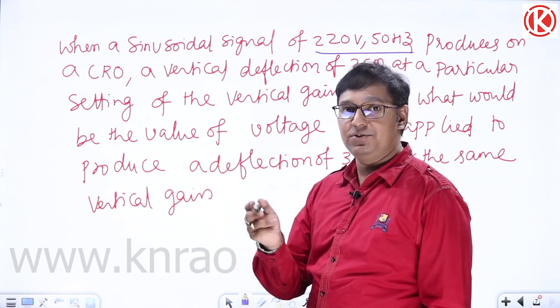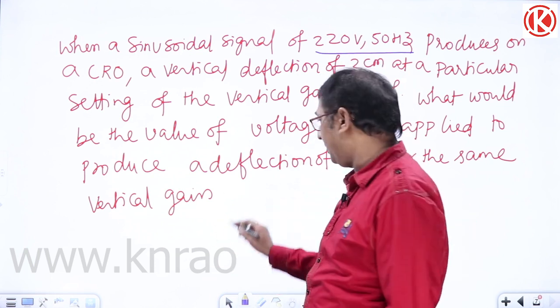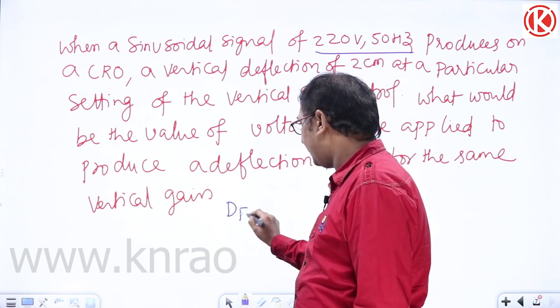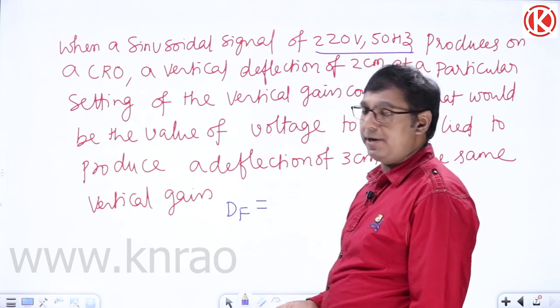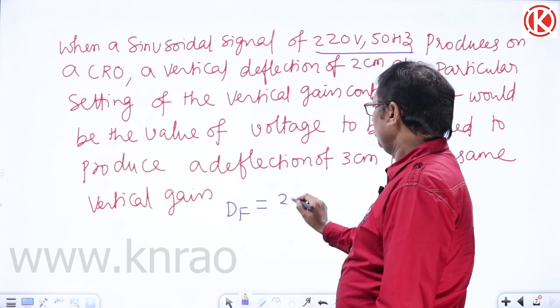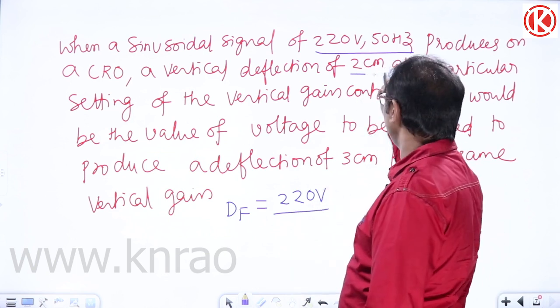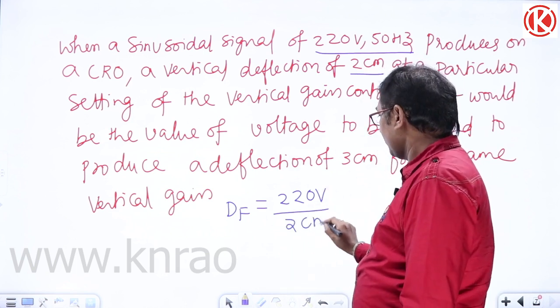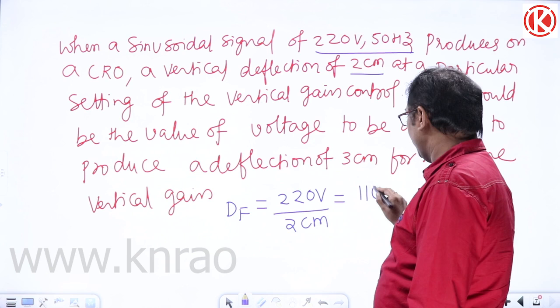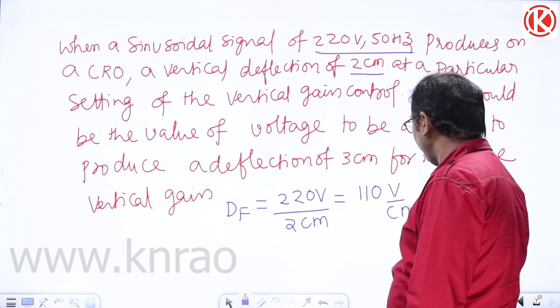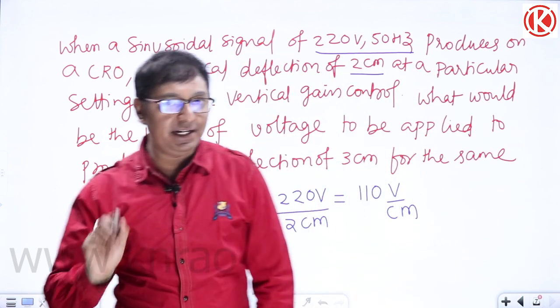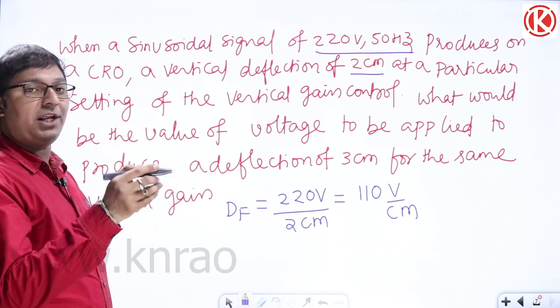Deflection sensitivity is divisions per volt; deflection factor is volts per division. You apply 220 volts and get a deflection of 2 centimeters, so it is 110 volts per centimeter.